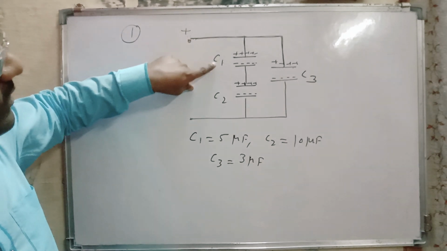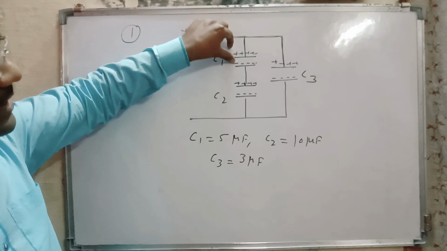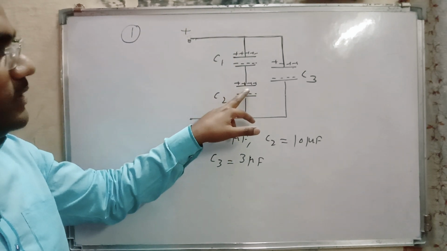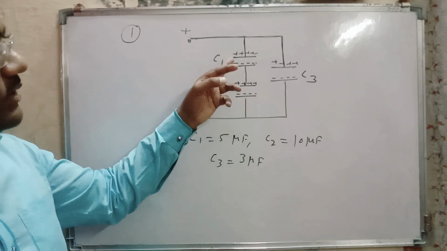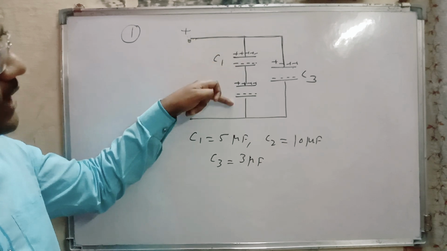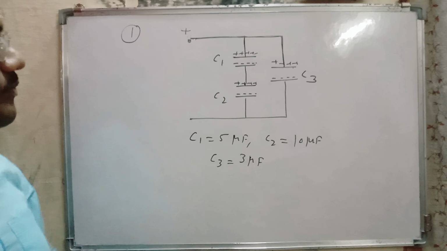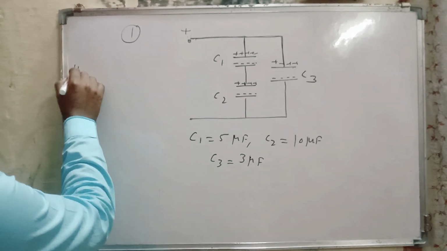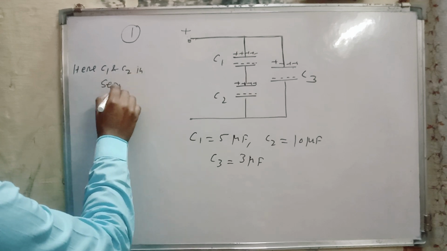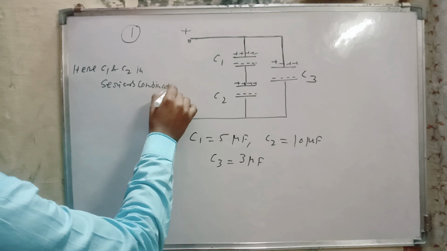In capacitors C1 and C2, the first plate is positive, the second is negative, and the first plate of the second capacitor is connected with the second plate of the first capacitor: positive negative, positive negative. That means C1 and C2 are in series combination.